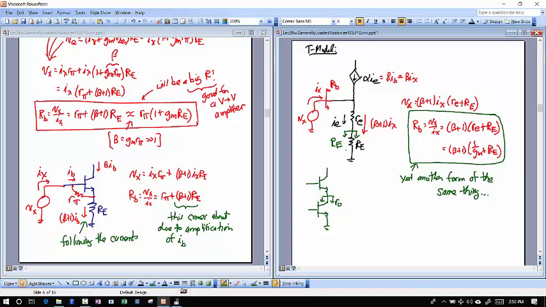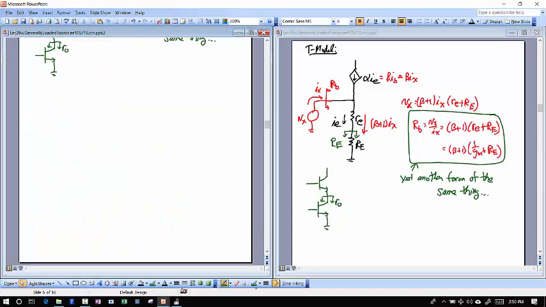All right. So I think we've done enough with little RB looking at. Now let's get big R, little b, looking into the base. Let's now get big R, little c. And in this case, I need to include all of my resistors here.